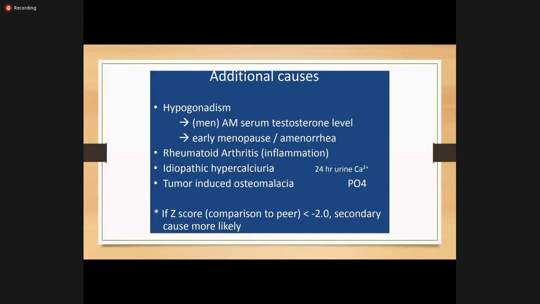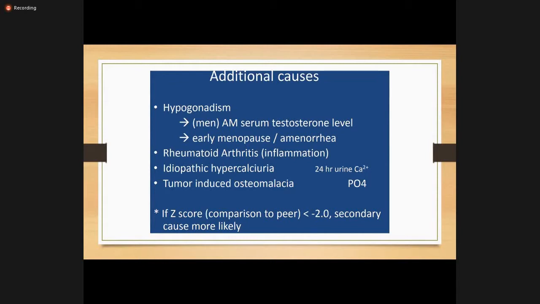While in case of secondary osteoporosis, you do give vitamin D and calcium supplements as well, but along with this, concomitant treatment of the underlying cause. Say, for example, if it was hypogonadism, then you have to replace the hormones. If it's in the male, then testosterone needs to be replaced, and if it's a female, then estrogen and progesterone need to be replaced.